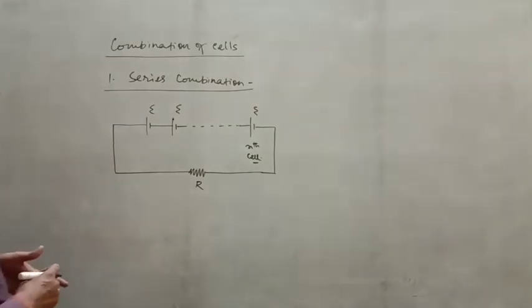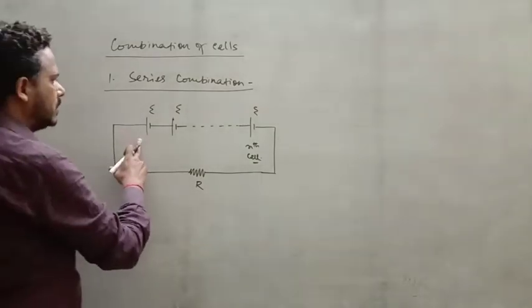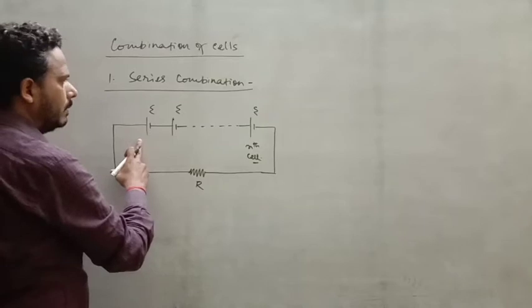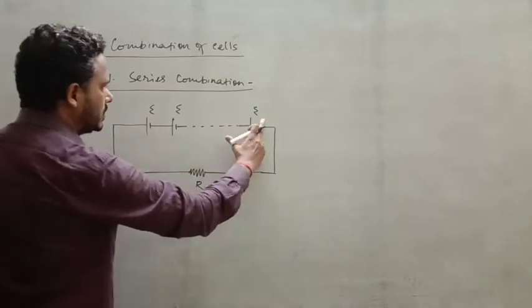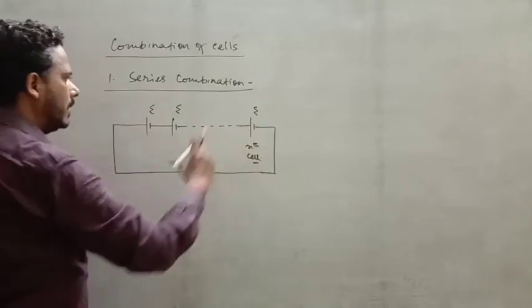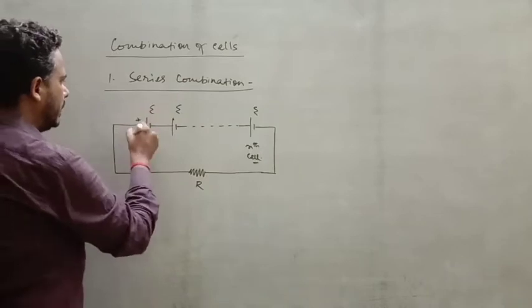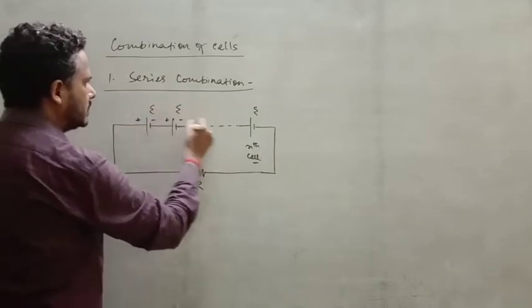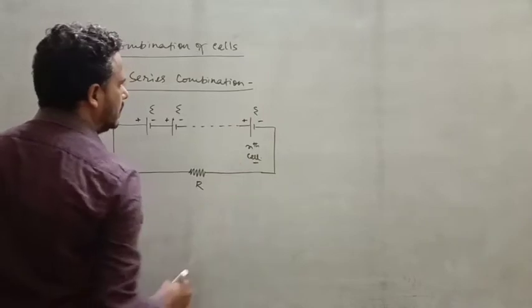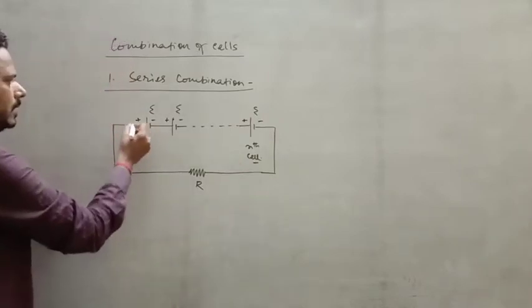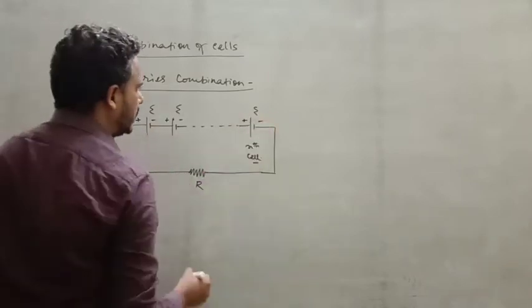Alright. This one is the positive terminal, that is high potential, and this one is at lower potential, and they are combined as they are. So you can simply write plus minus plus minus. You see that this one is at higher and this one is at lower potential.